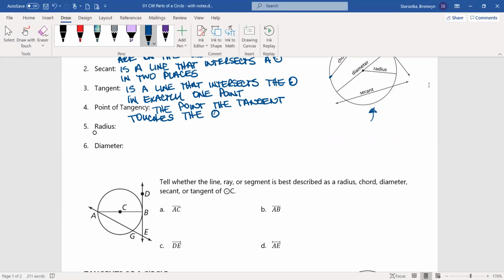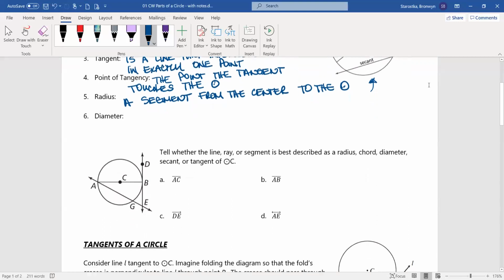All right, we all know what a radius is. A radius is a segment from the center to the circle. And the diameter is the longest chord.